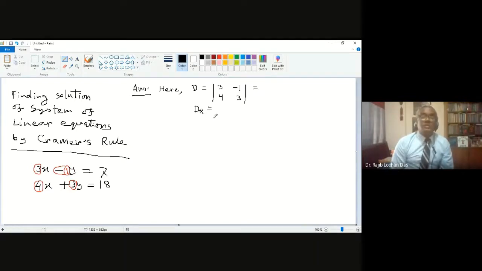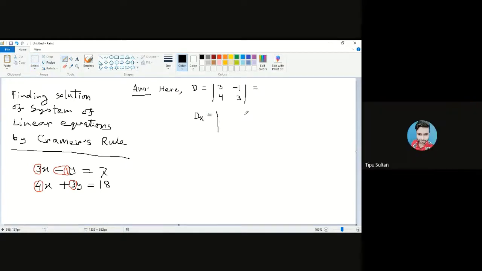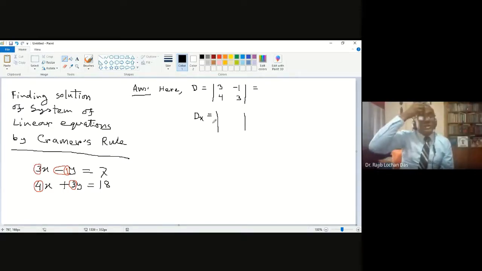So there will be another determinant, and the Dx determinant will again be 2 by 2. But how will the numbers come? Sir, Dx: 7, minus 1, 18, 3. Yes, it is correct. So it will be 7, then minus 1, then 18, then 3.